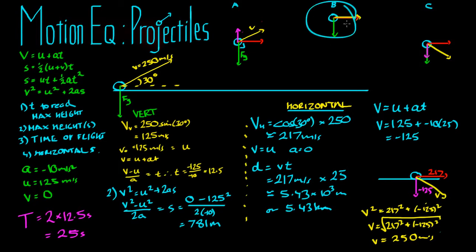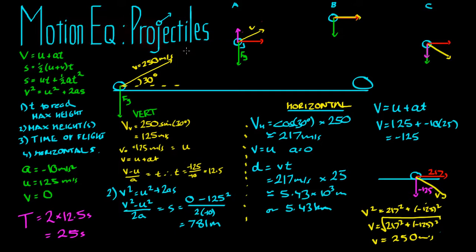When it reaches the max height there, it has a lot of gravitational potential energy but slightly less kinetic energy because this yellow arrow is actually shrunk. And when it lands again, it again has 0 gravitational potential energy, so you suppose that all the energy is again in kinetic, which means it has to have the same overall speed as when it was launched, and we do find that to be the case. So these motion formulas, they preserve energy and they agree with the other parts of physics.